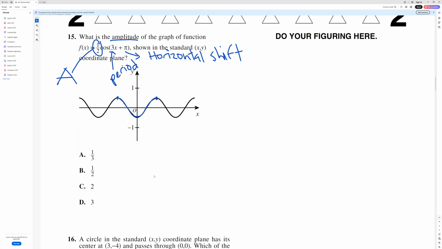But the amplitude is how low it goes and how high it goes, and so it's 1/2 right there. Very easy. I explained more than what you needed to, but it's in case they ask you about the period or the horizontal shift. So great.